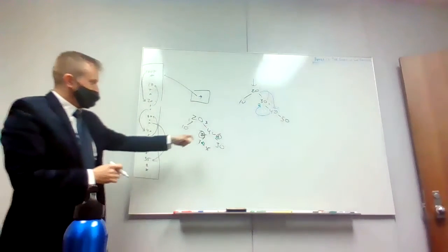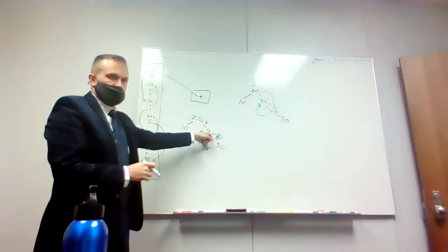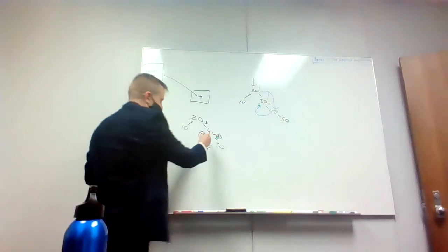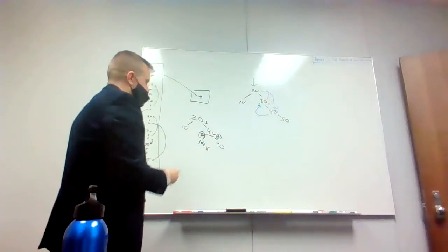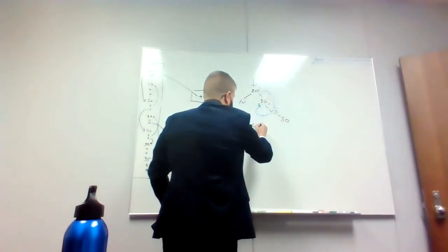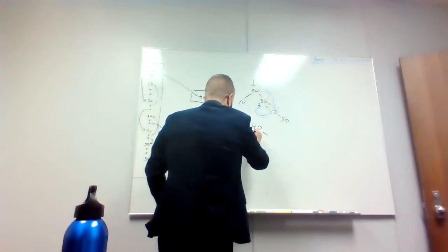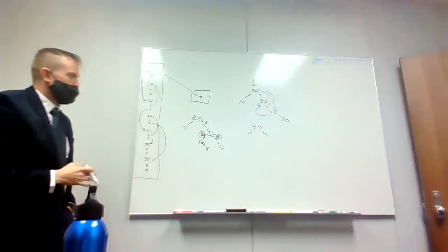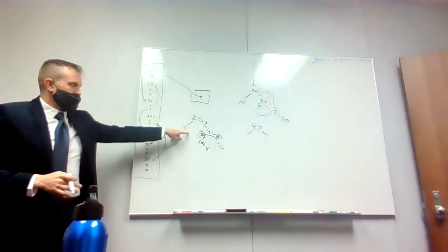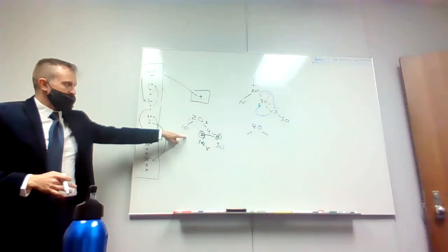So it makes all the sense in the world to go over to the larger side and try to get this moved up. So I want to start here with 40. But how do I ensure that I don't get this to be too high, right?